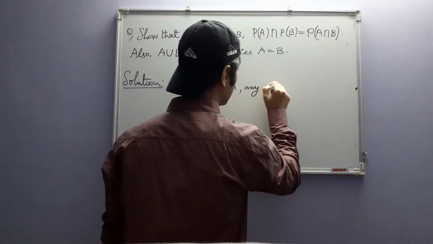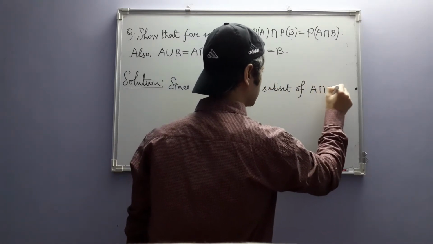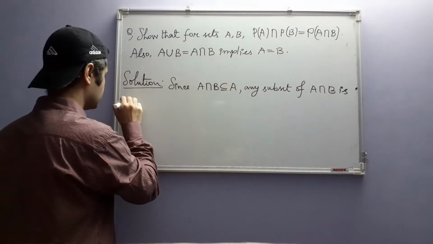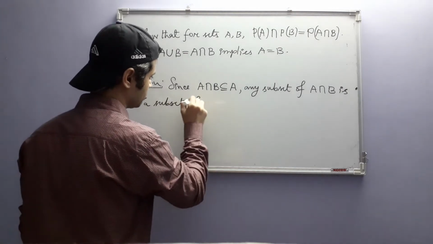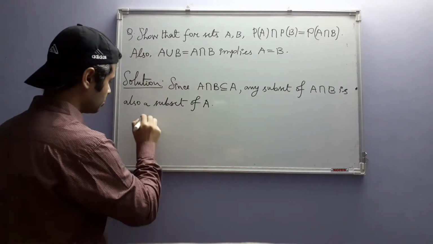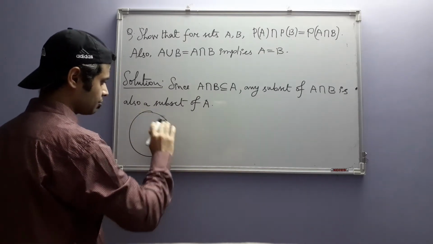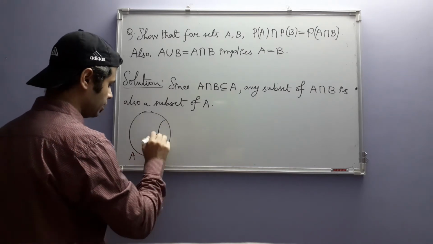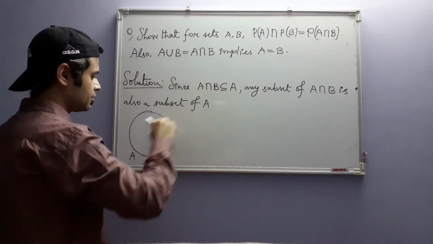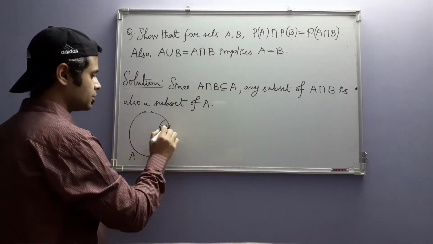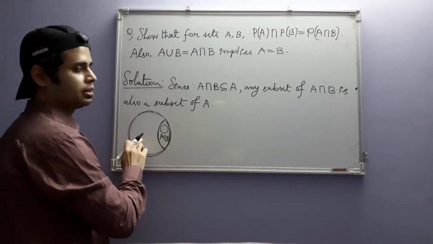Any subset of A intersection B is also a subset of A. Why? Because this is A, this is A intersection B. If I take any subset of A intersection B, it is automatically inside A because it's inside A intersection B, which is inside A.